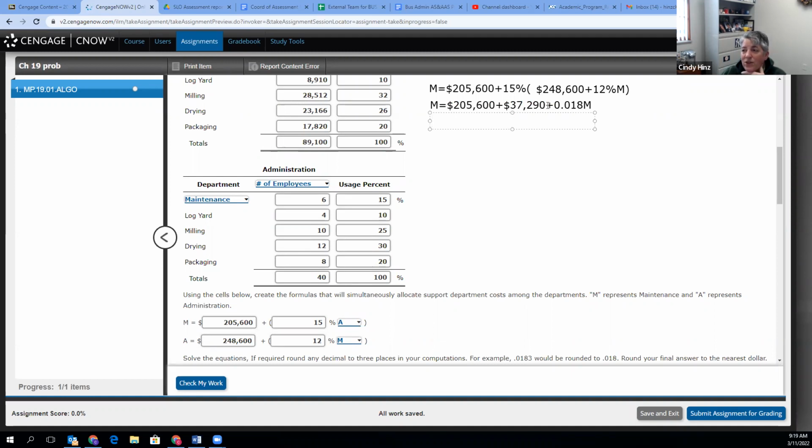The easiest way to do that is to subtract this 0.018 M from each side. So if we take one M and we subtract 0.018 M's from it, we're left with 0.982 M's. And then we can combine the constants, combine those two numbers on the right-hand side.